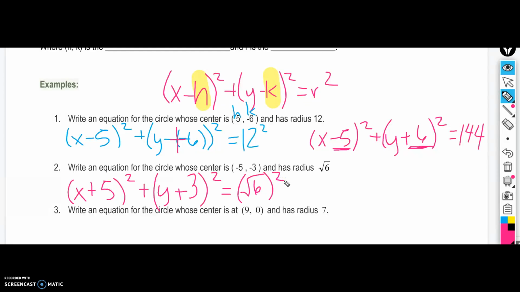Well, again, that's not exactly how we would see it. The square root of 6 squared is just 6. So that's how I'm going to write this. The square root of 6 squared is 6. So that would be the final form right there.